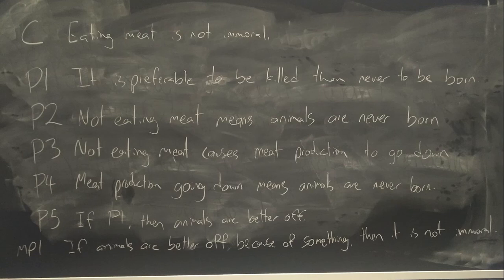And maybe a missing premise here. So really what we want now is to connect P1 and P5 to the conclusion. If something makes animals better off, then it's not immoral, or something like that. Does that make sense? Just sort of a nice normative missing premise.